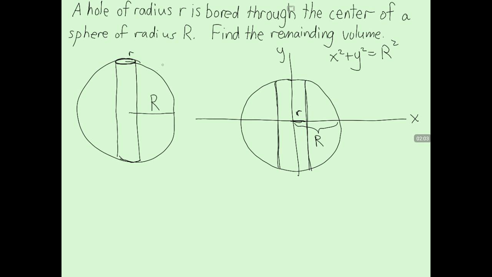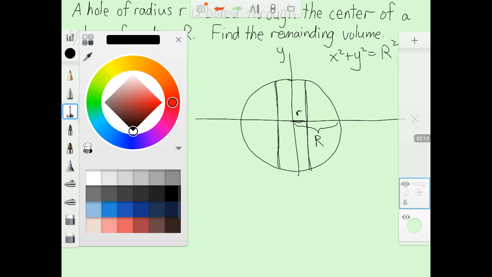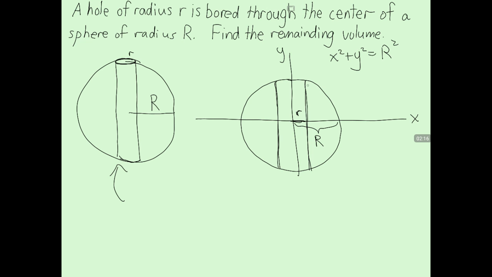One way we can create this shape here on the left is to rotate this shape around the y-axis. So imagine if we rotate this area here in pink around the y-axis, then we get something like our shape here on the left.